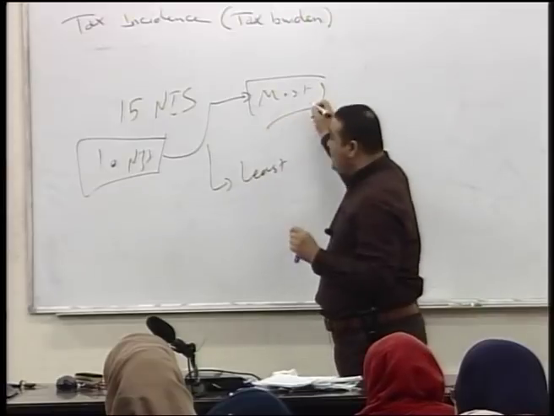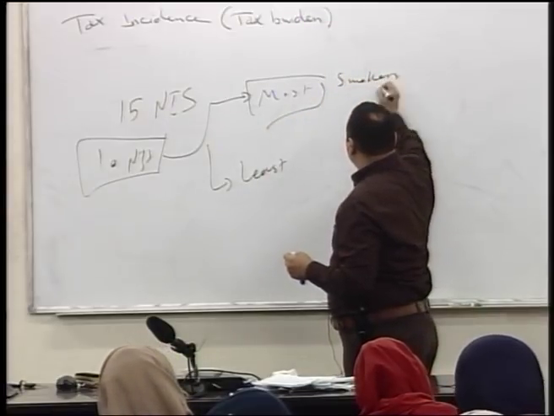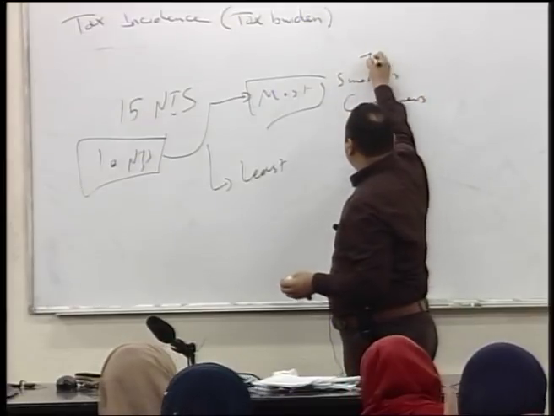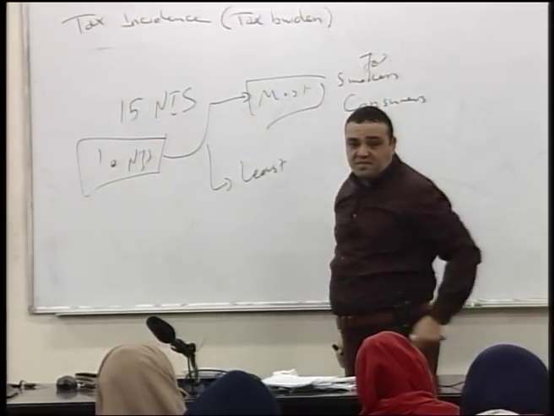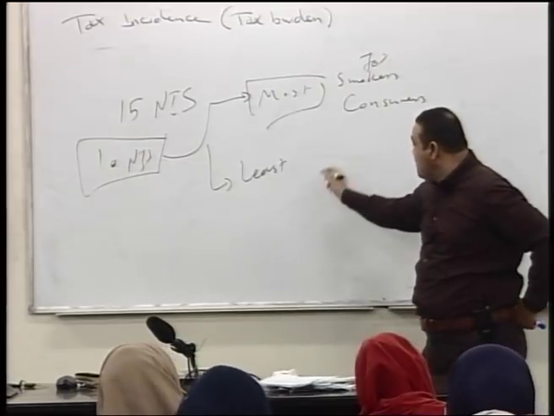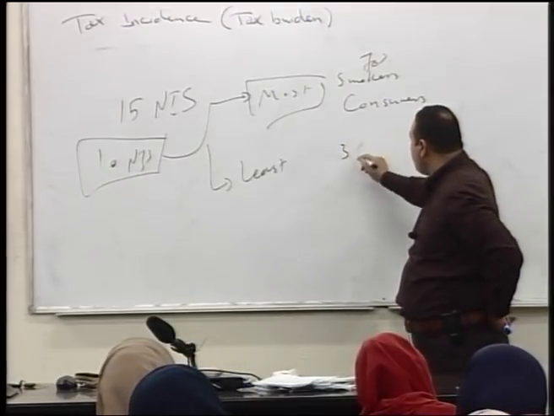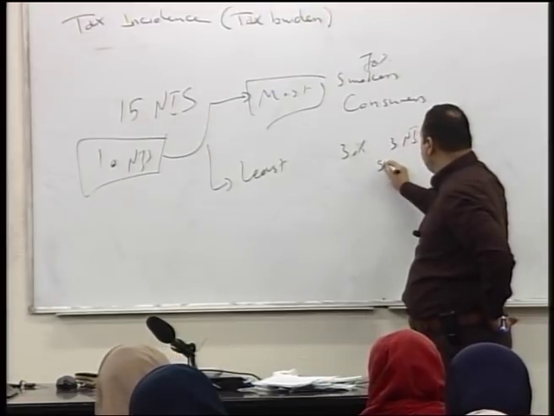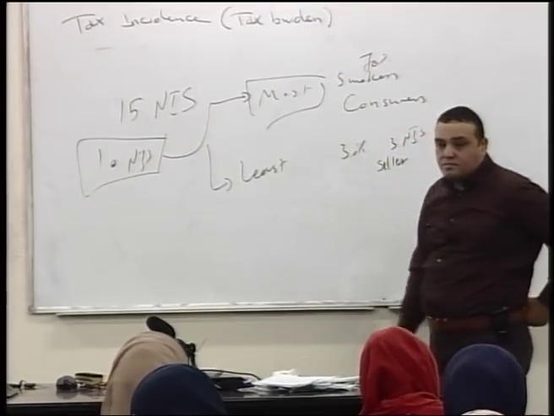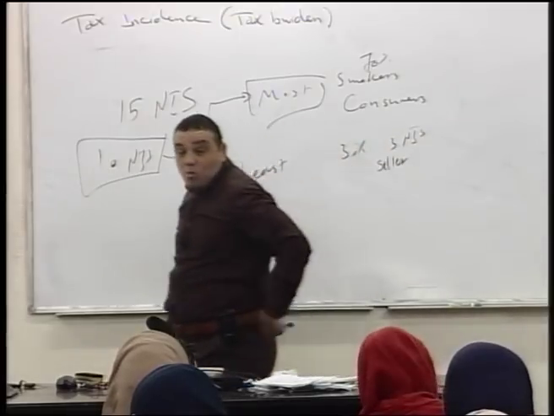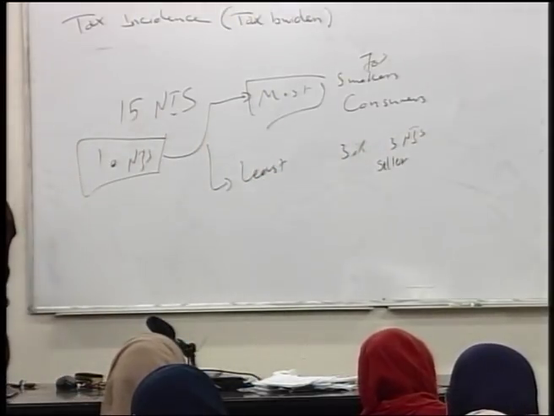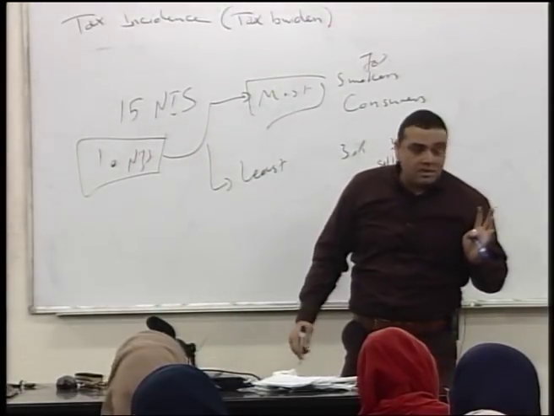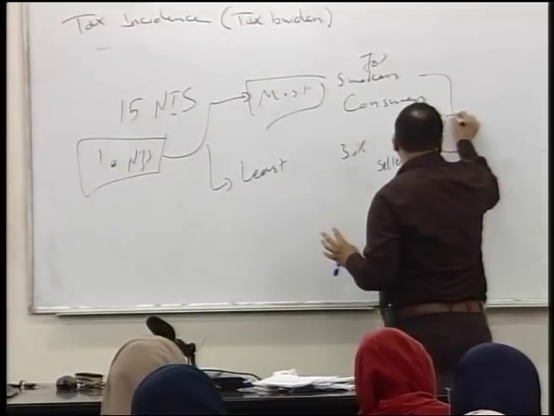هذا most، هذا السموكرز اللي هم الكونسيومرز. يمكن يتحمل 70% من التاكس بمعنى 7 شيكلز، وهذا bears 3 shekels, 30% or 3 shekels. هذا بتحملها السيلر. تمام؟ طيب why? Because the demand for this product is inelastic. هذا inelastic demand.